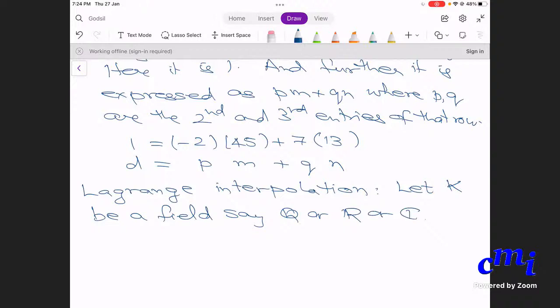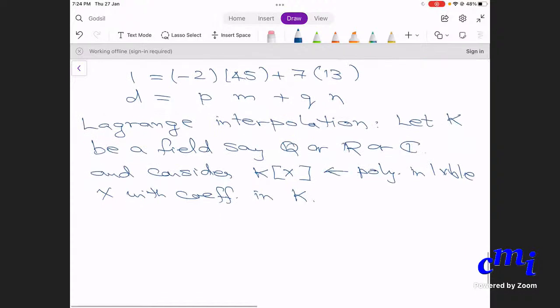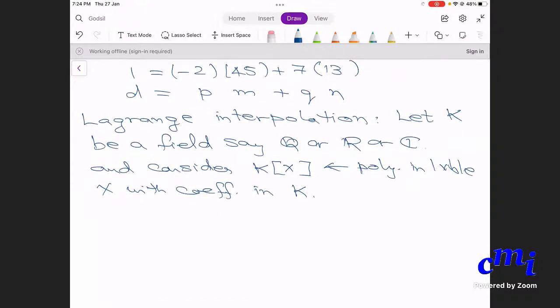So K is some field, and consider the polynomial ring K[x]. So this is polynomials in one variable x with coefficients in K. This is where all the action is going to happen.